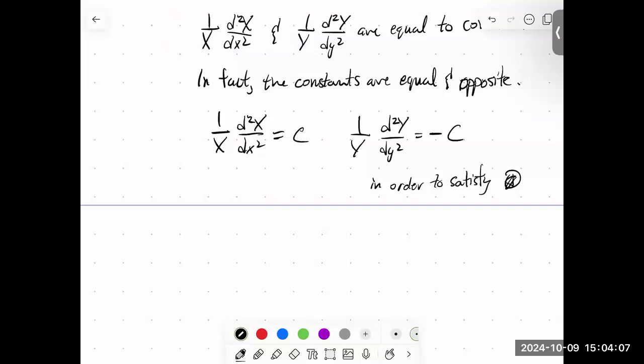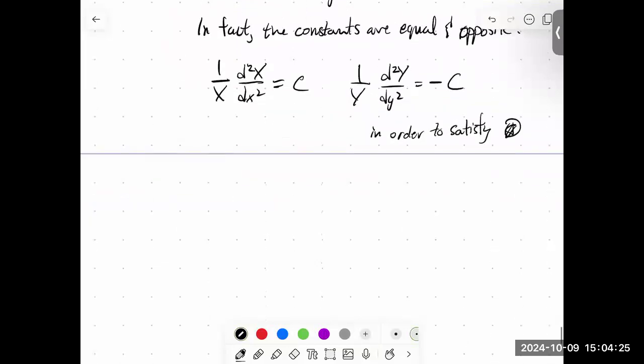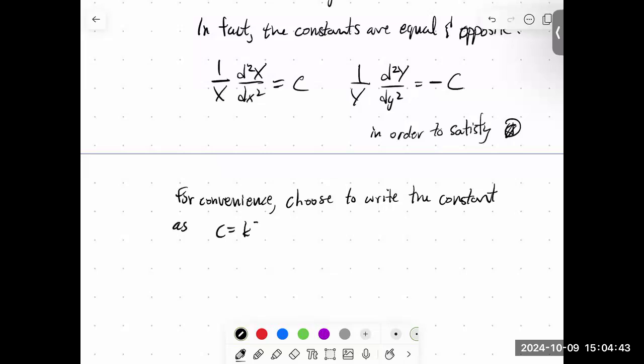So what I'm going to do next is choose to write my constant in a particular way. It may seem arbitrary, but I know what the solution is going to be, so I'm going to pick a constant that makes it easy to write down the final solution. So for convenience, I'm going to choose to write the constant as c equals k squared.